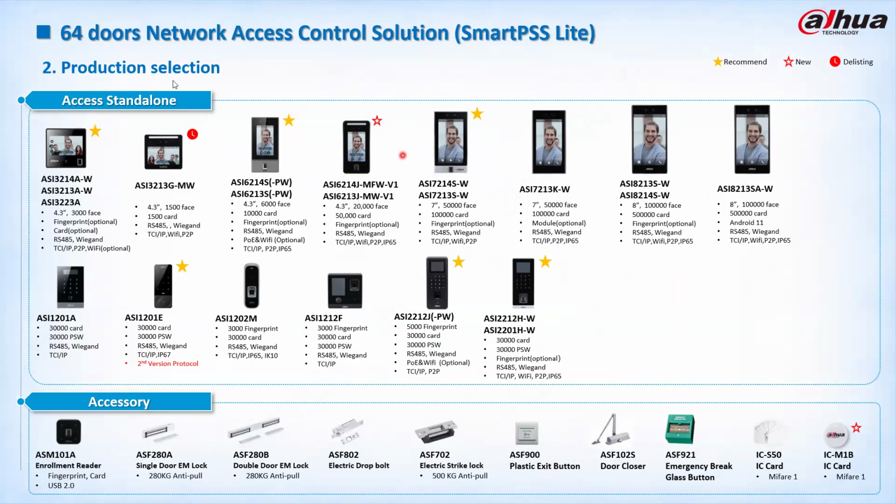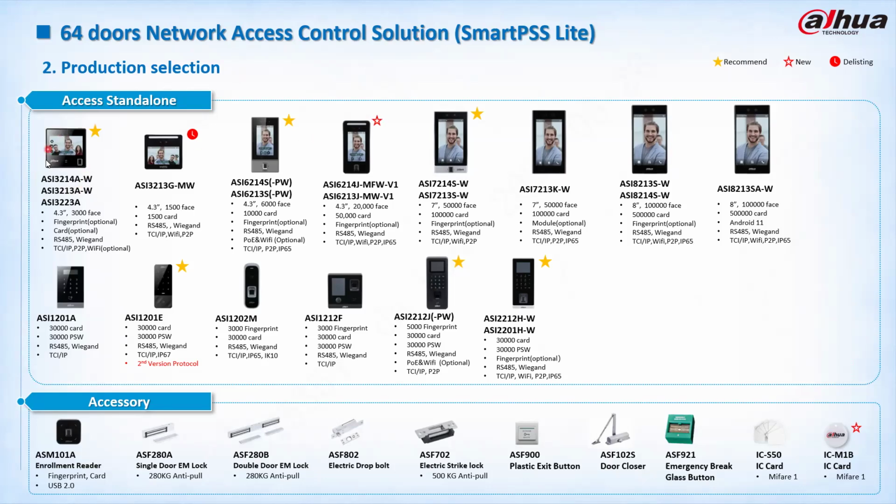Okay, so for the access standalone devices, which can still be used within this solution, since the Smart PCS supports those number of doors, we have different types of integrated devices. We have some face integrated devices, and some others that don't support face interfaces.